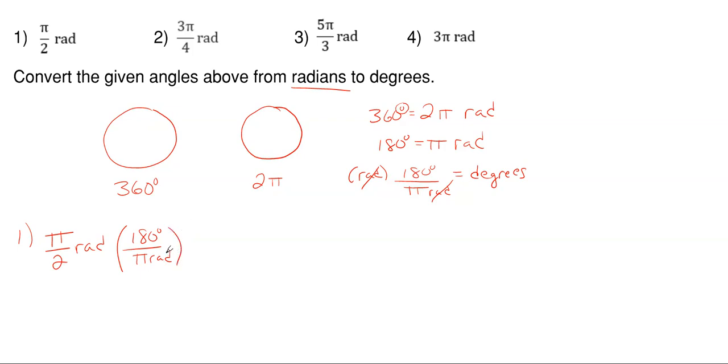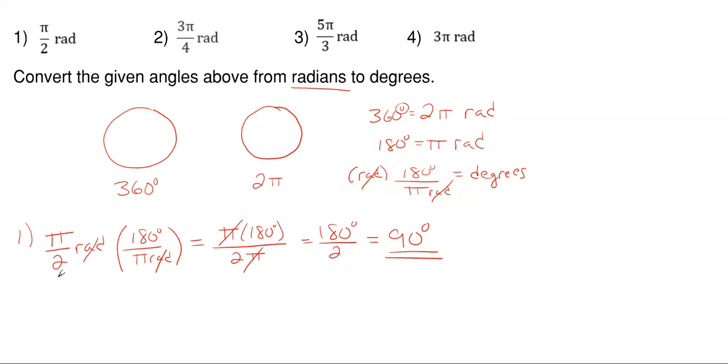What we have is that the radian units will cancel, and we're just left with degrees. So we would have pi times 180 degrees over 2 times pi. The pi's will cancel out, and then we're just left with 180 degrees divided by 2, which is just 90 degrees.